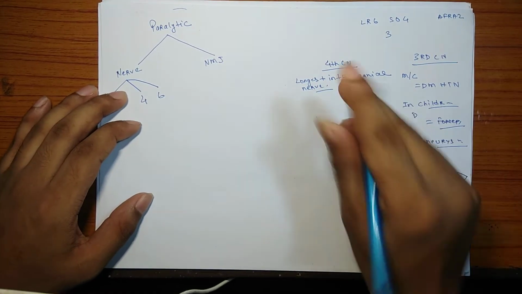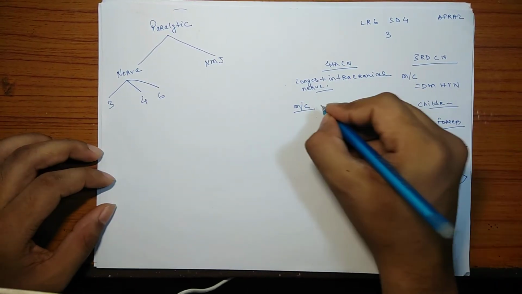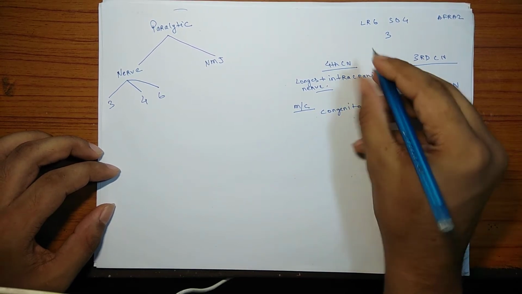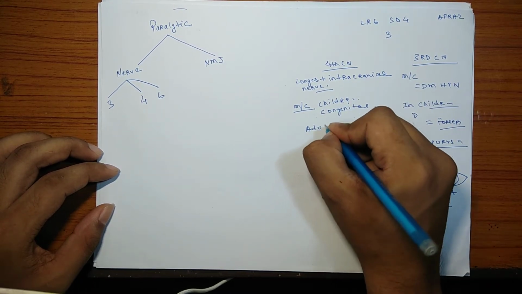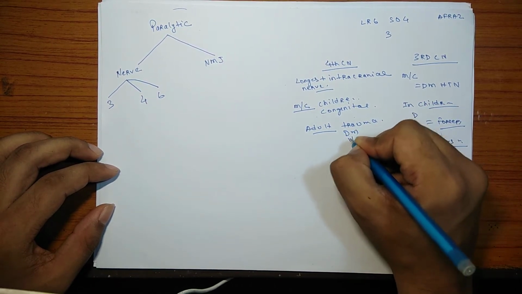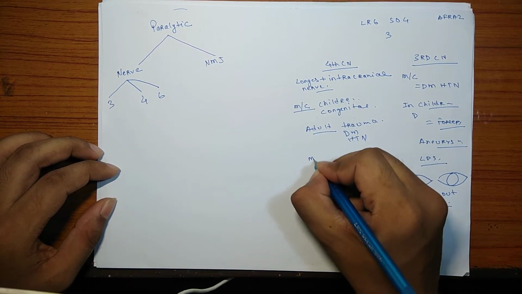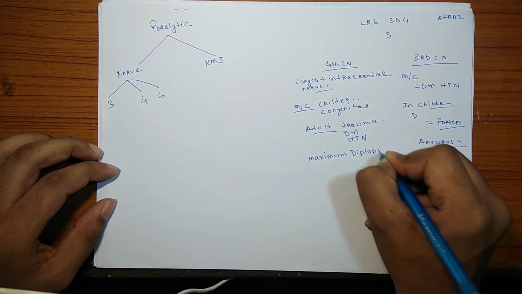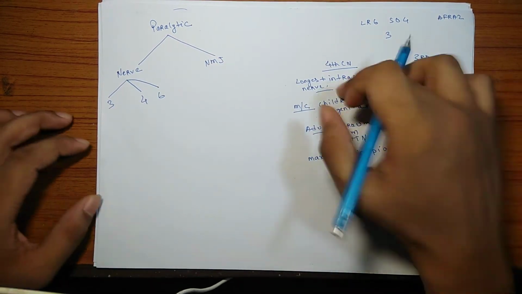The most common reason in children for 4th cranial nerve palsy is congenital, and in adults it is trauma, diabetes and hypertension. Here in 4th cranial nerve palsy we will get maximum diplopia. Diplopia is seen in 3rd, 4th and 6th cranial nerve palsies, but the maximum amount of diplopia is seen in the 4th cranial nerve.